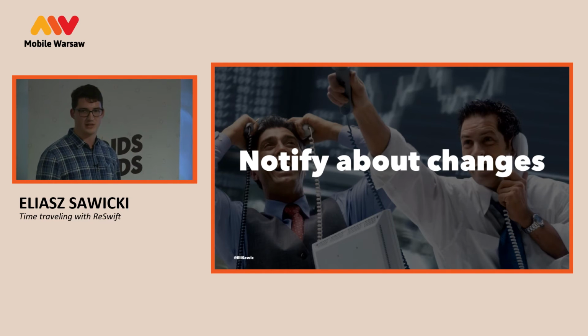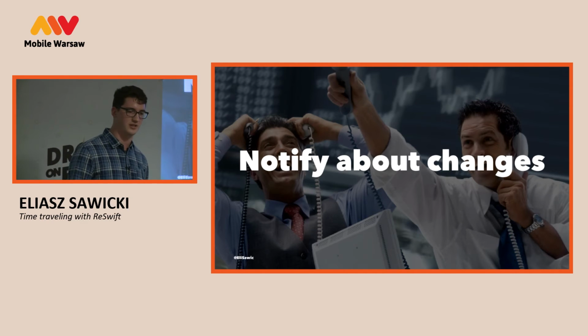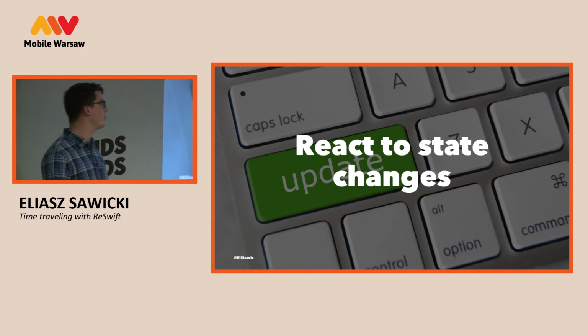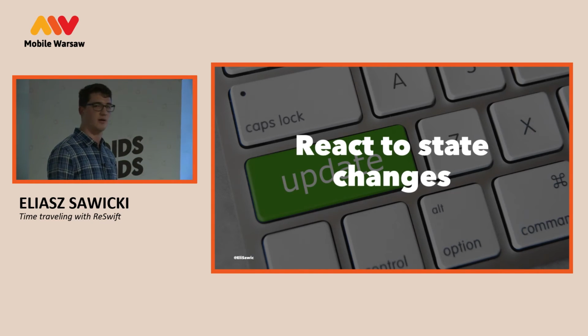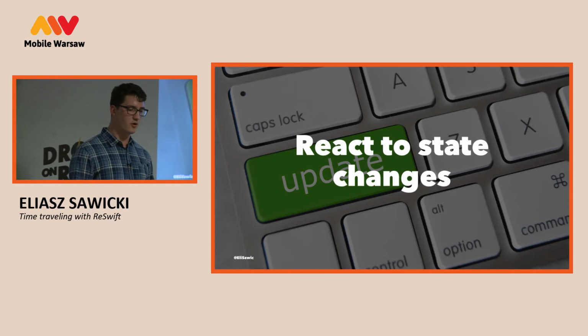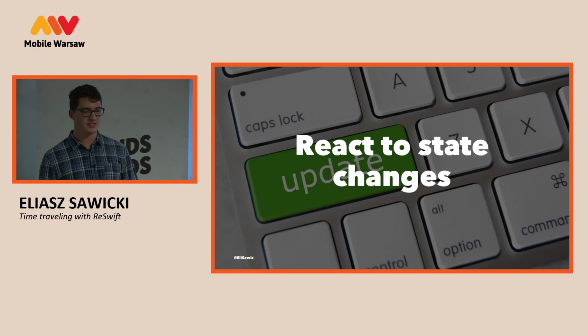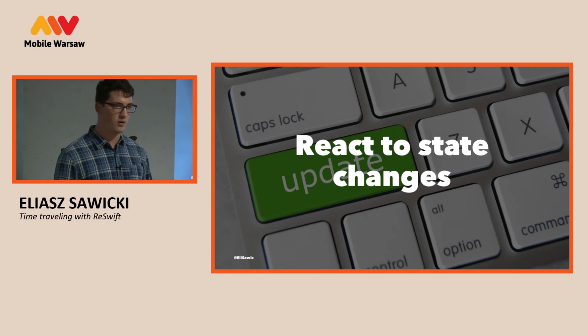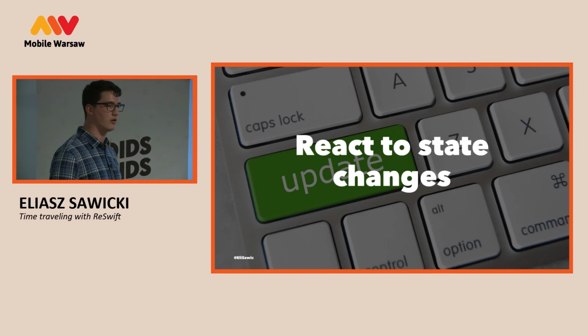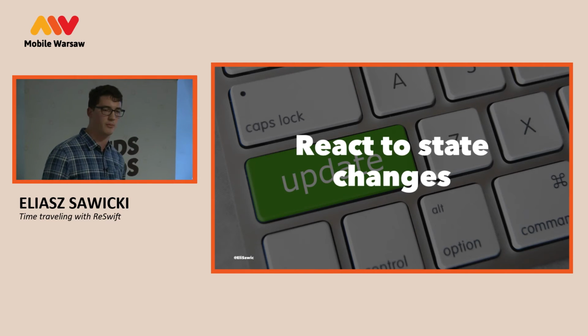Store calls us and says, hey, I have this new stuff that you can work with. And we can probably update the state, update our logs, and do whatever we want with that. So that's mostly how Redux architecture works, and that's how ReSwift also works. It's built on top of that.